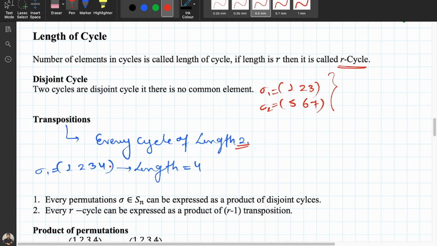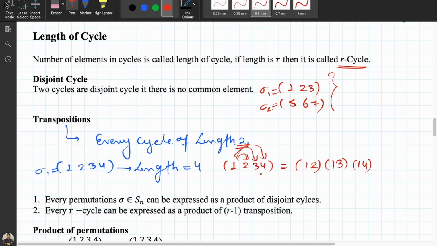So I can write this cycle as a product of transpositions. (1, 2, 3, 4) can be written as (1, 2), then (1, 3), and then (1, 4).